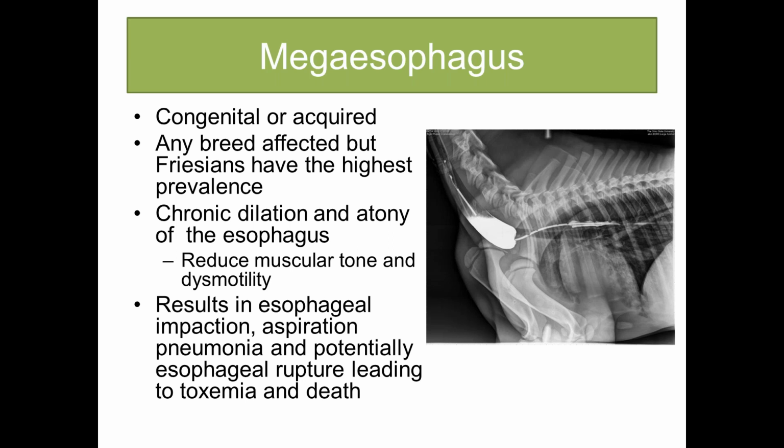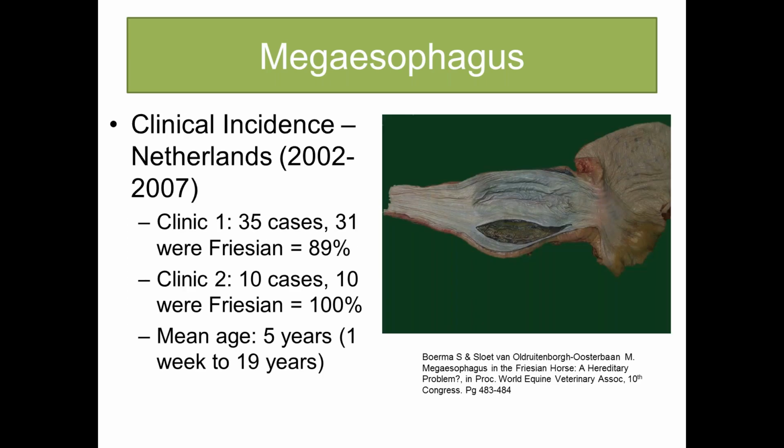If that happens, it's an extremely serious problem because the animal can then go on to develop septic sequelae, or infection, through the mediastinum if it's in the chest, which then extends to the pleural space. Basically, it's a pus factory in the chest, and they get toxemic and can die. So it's extremely serious.